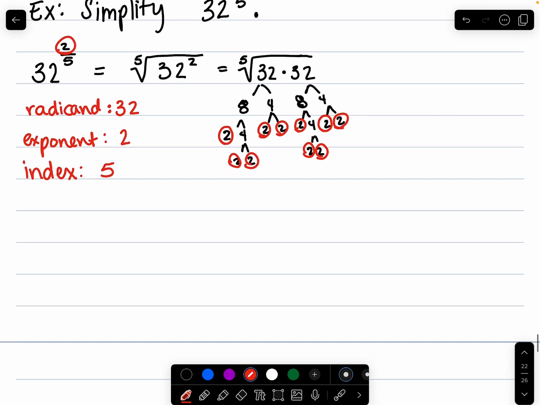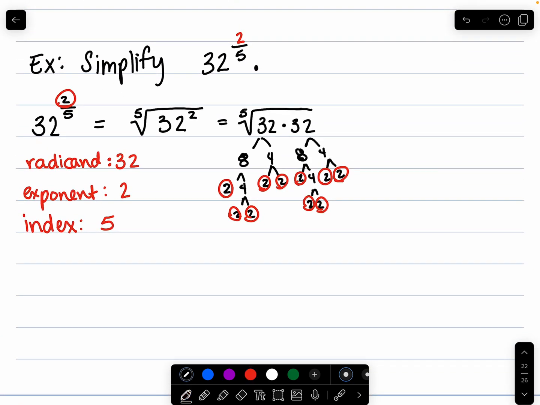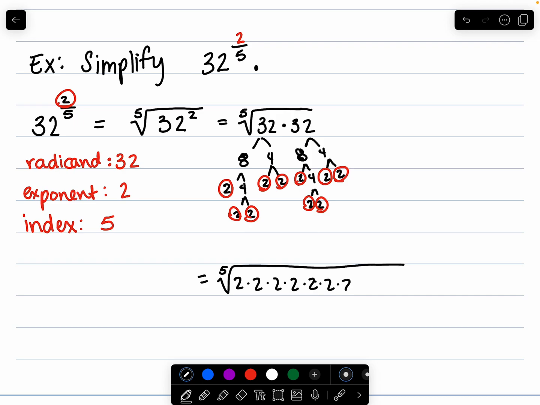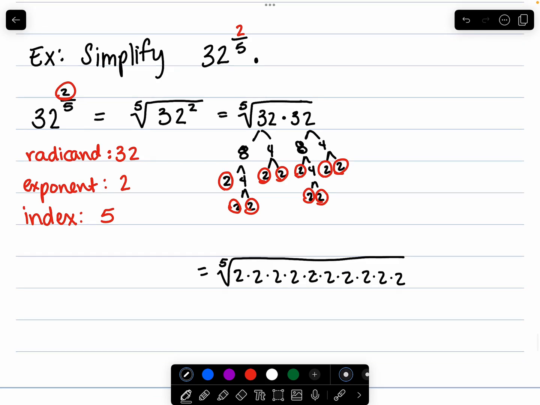So let's rewrite our problem here and let's expand. So this is equal to, so I have the index 5. We have 1, 2, 3, 4, 5, 6, 7, 8, 9, 10. Okay. So when we are simplifying, we are looking at our index.